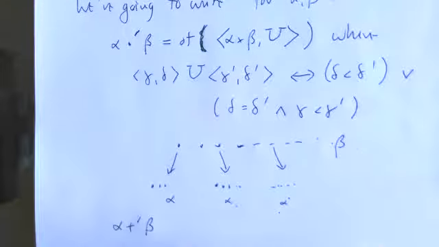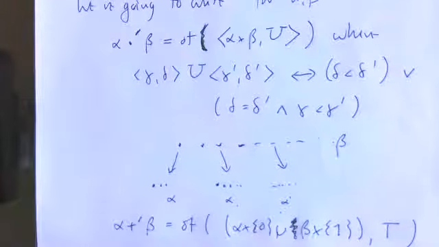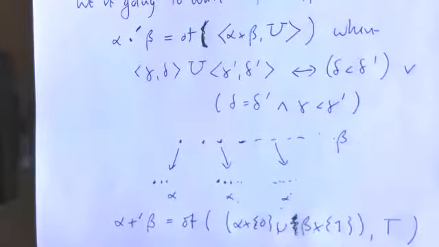And alpha plus beta with a dot here, again, this is going to be the order type of what I was saying as, well, we disjointify alpha and beta like this, and we put on that ordering which I called T. And I won't write that definition out again. But again, it's the ordinal that corresponds to the picture of alpha followed by a copy of beta.